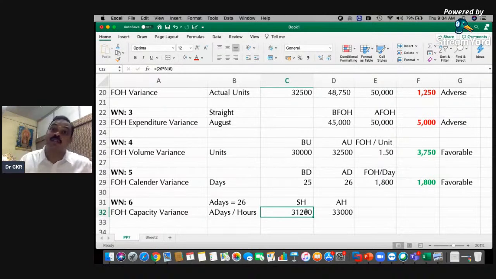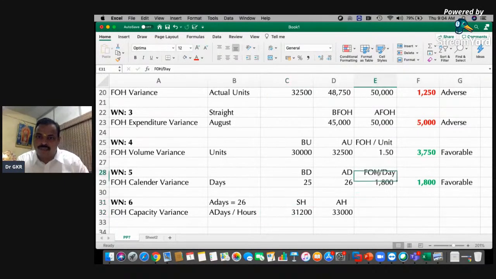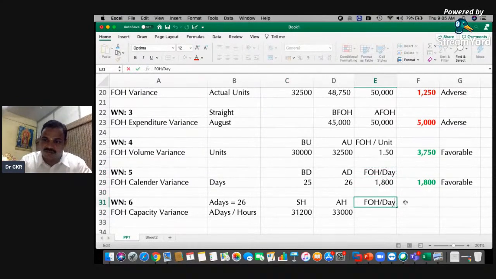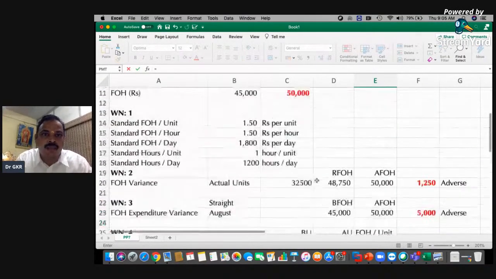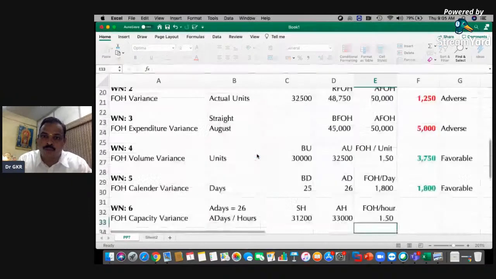But actually, how many hours did you work? 33,000 hours. Capacity is more. More hours are there. That is capacity. But whether the capacity is utilized or not, you'll see in efficiency. But capacity has increased because more days. So what is your fixed overhead per hour? Fixed overhead per hour is 1.5 rupees per hour.